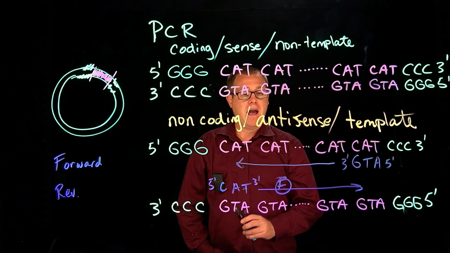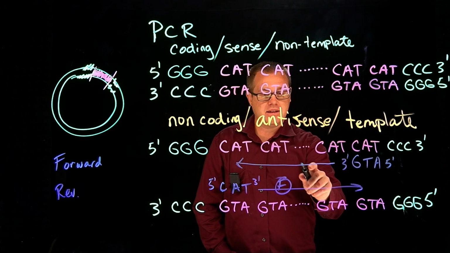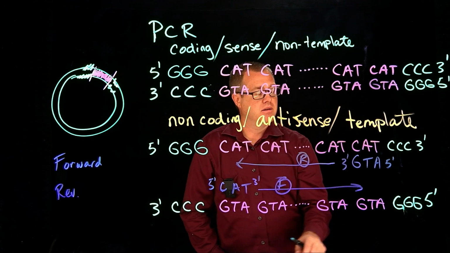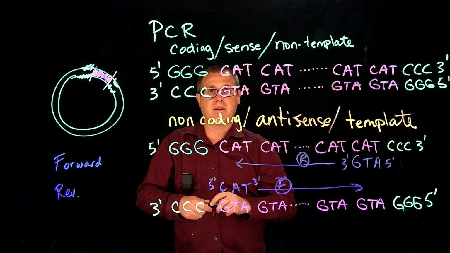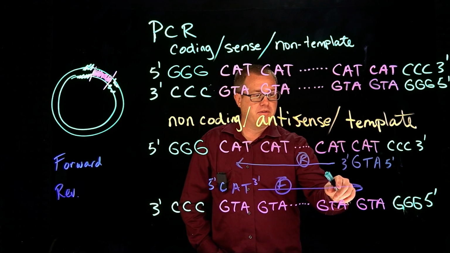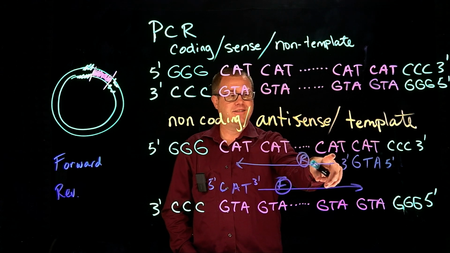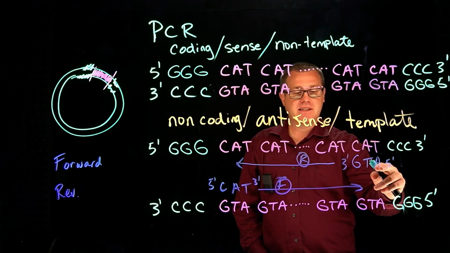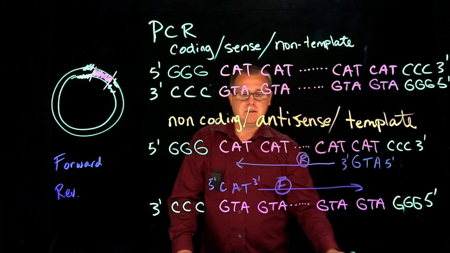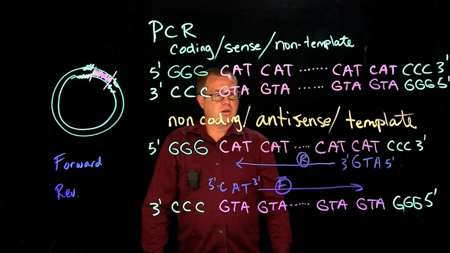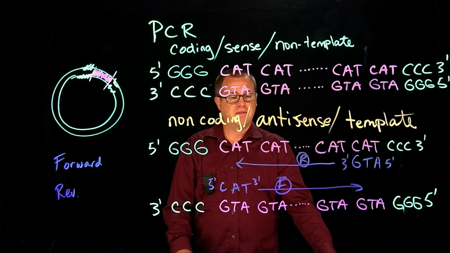And so what we now have, okay, is that this is the reverse primer. And so what can we say, what defines a reverse primer? Well, the reverse primer is going to anneal to the coding strand, okay, and it's going to synthesize the template strand. Okay, so those are the definitions of the reverse primer and the forward primer.